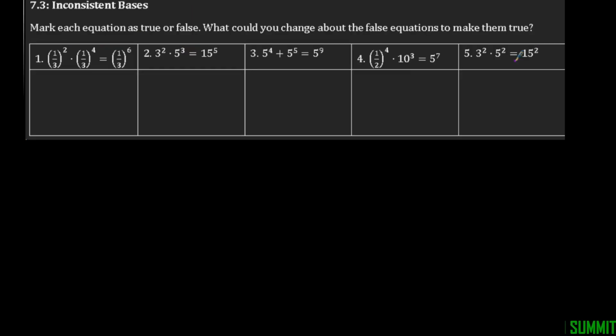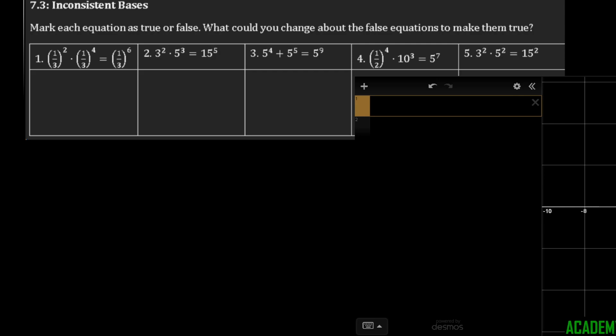All right, so now for the next one, it says mark each equation as true or false. What would you change about the false equations to make them true? And what I'm actually going to do for this one is use the Desmos calculator to show what we're doing.